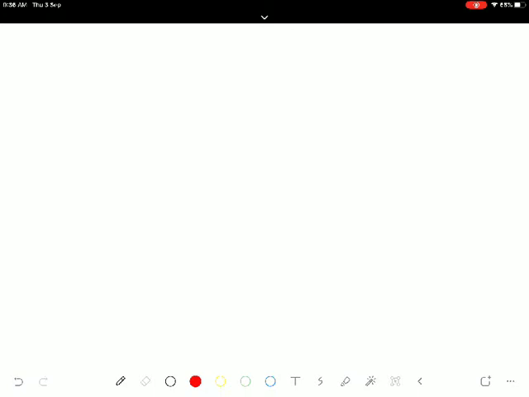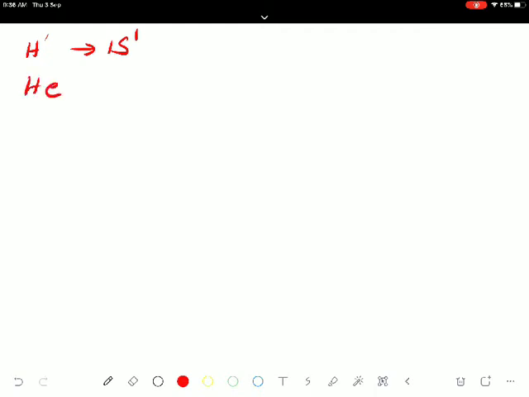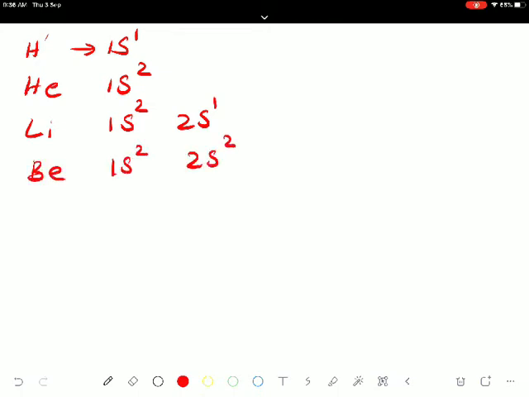So we are going to the electronic configuration of first 30 elements. First one, hydrogen 1s1. Helium 1s2. Lithium 1s2, 2s1. Beryllium 1s2, 2s2. Boron 1s2, 2s2, 2px1.